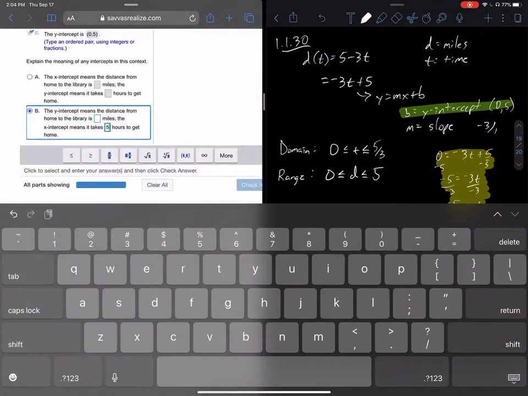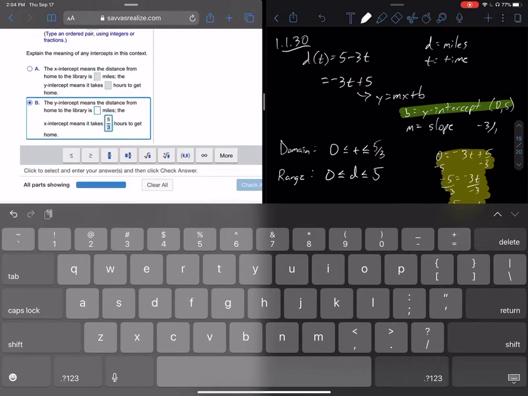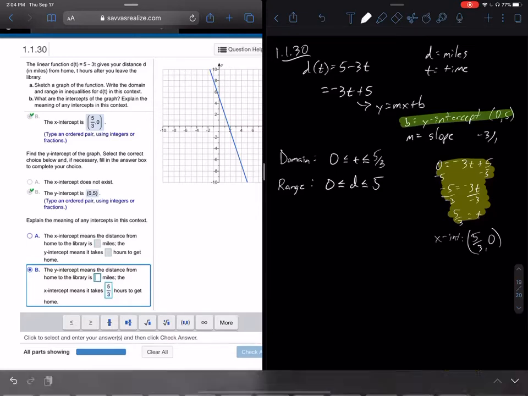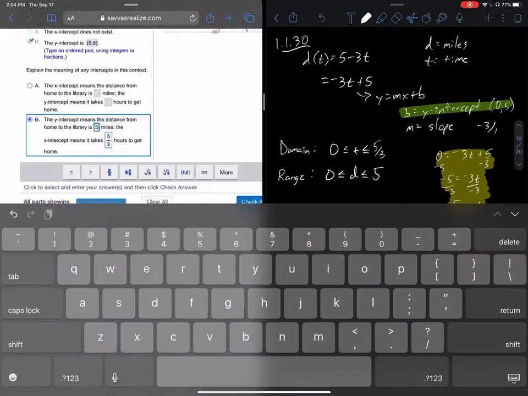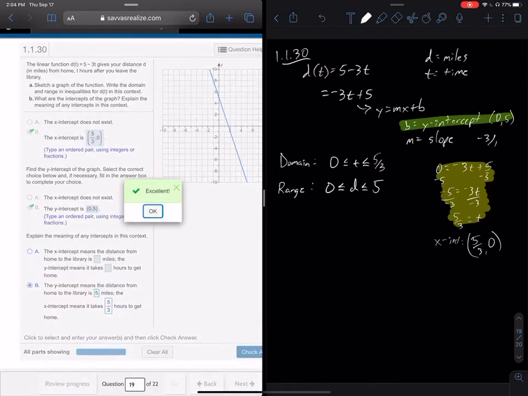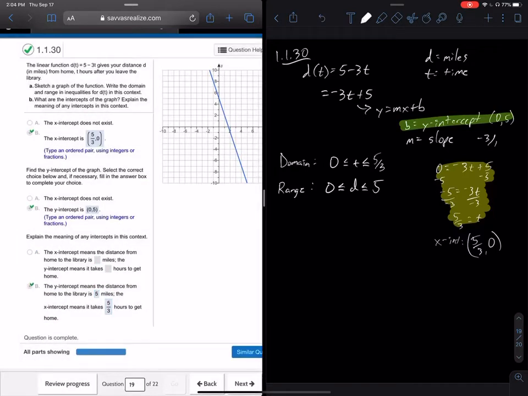Well, it's going to be 5/3 hours to get home. And then the y-intercept is the distance from the home to the library, and that's a total of 5 miles. So be careful with which one you're choosing. X-intercepts, we're talking about time there, so that's why it's in hours. And then the y-intercept is the distance in miles. So we'll check our answer, got that right, and we're all set for that problem.